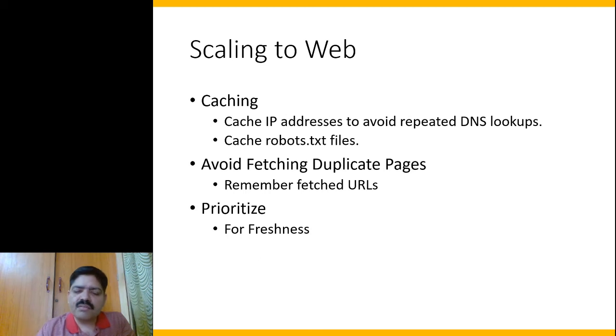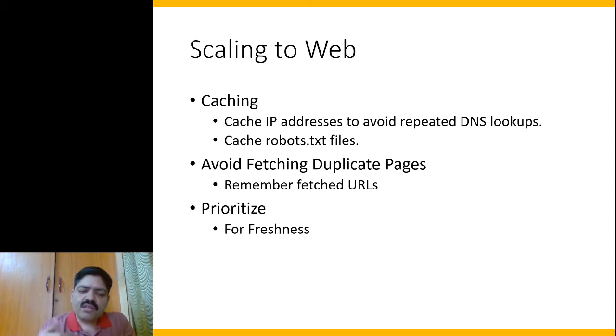There are some nice algorithms to detect near duplicate pages. Also, if I fetch a website and extract the URLs from that website, and one of those URLs is something which I have already fetched, then I should not fetch that URL again. So it's worth remembering the fetched URLs.